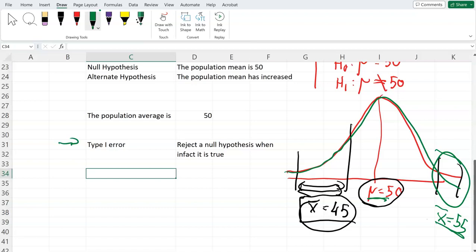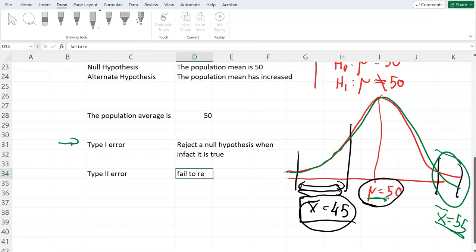Now, another kind of error is called a type 2 error. Type 2 error is when we fail to reject a false null hypothesis. Or in other words, we do not reject a null hypothesis when it is false.